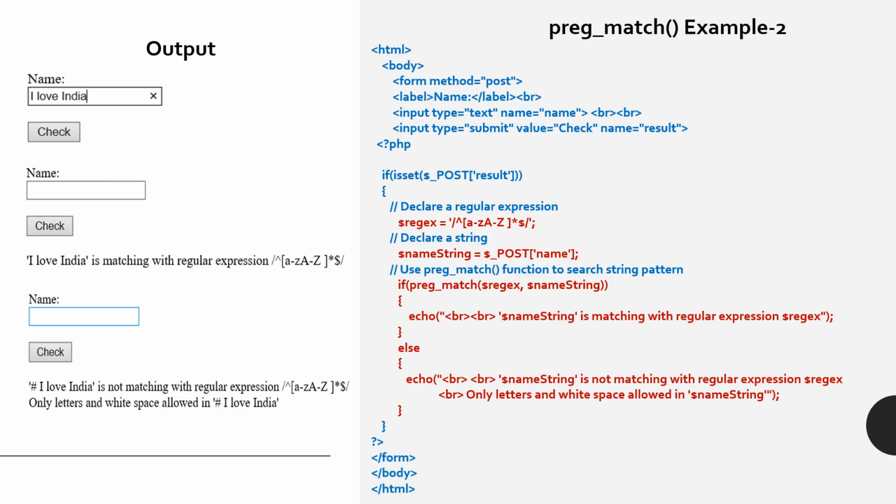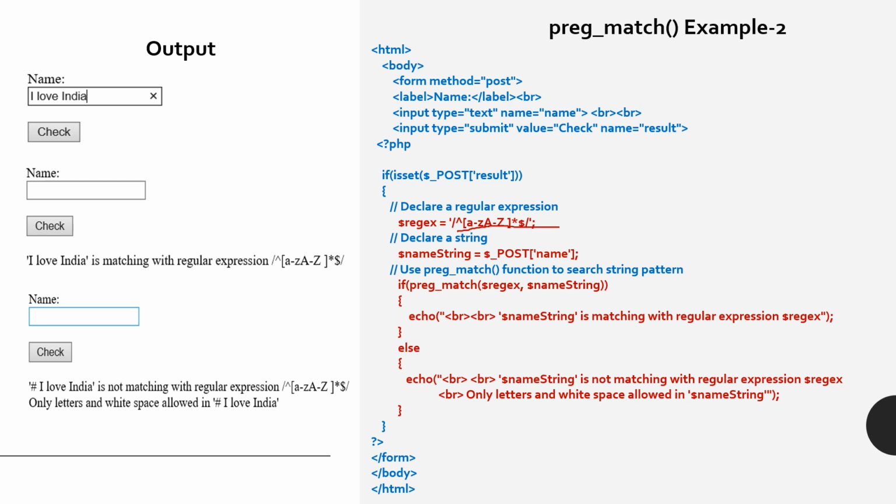Now let's see whether the regular expression matches or not. See, this is what we need to match. What is the meaning of this? This refers to the beginning and ending.